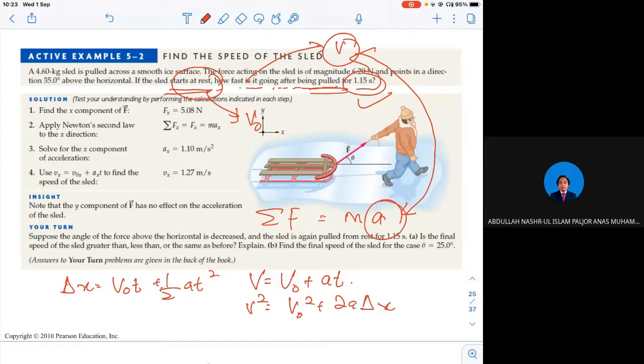Yes, it can also relate to the equations of motion, if the information is enough. For example, if you are given how many seconds are involved, and it starts from rest, all of those things can be used to answer this problem.